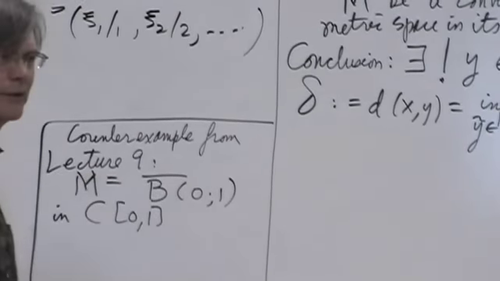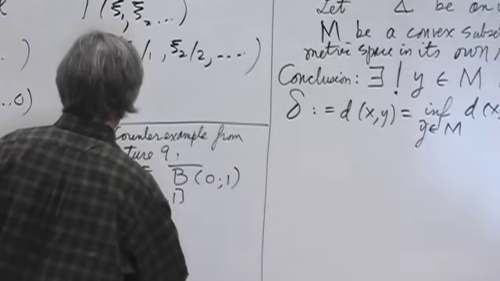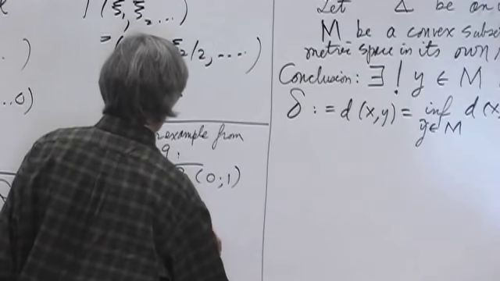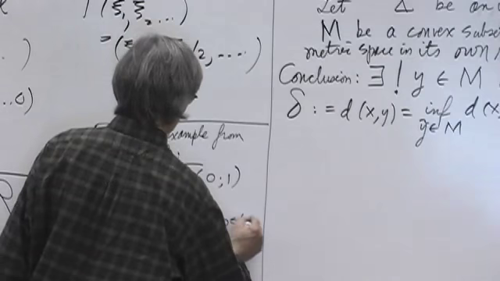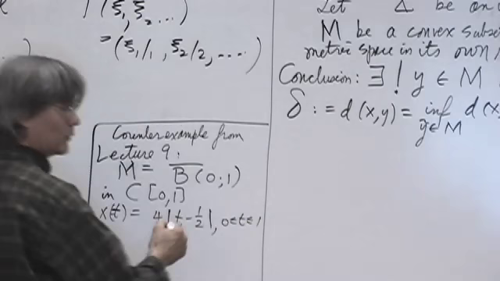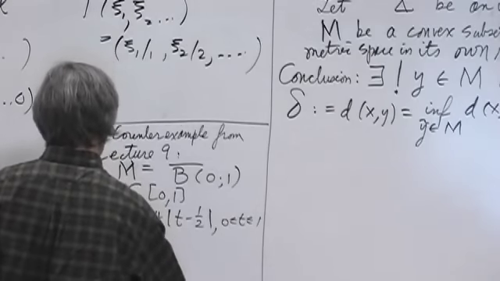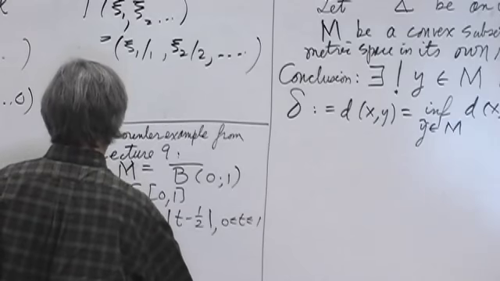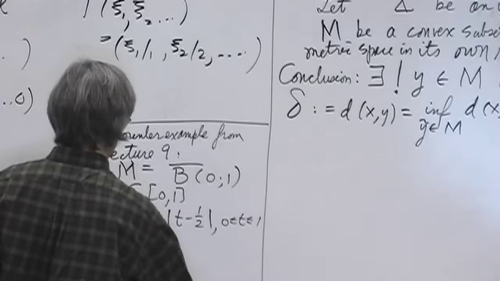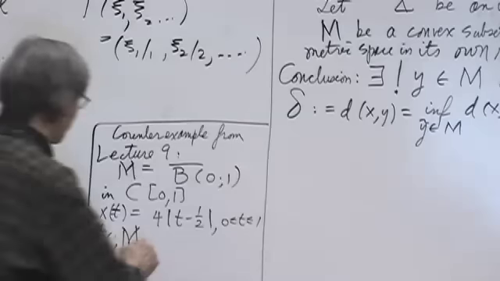But there were two. And then I took x(t) equal to 4 times the absolute value of t minus a half, for 0 less than or equal to t less than or equal to 1. Okay, there were two vectors closest to it. The distance between x and M, this is another way to denote distance between a point and a set, is just d(x,M). This was the delta.